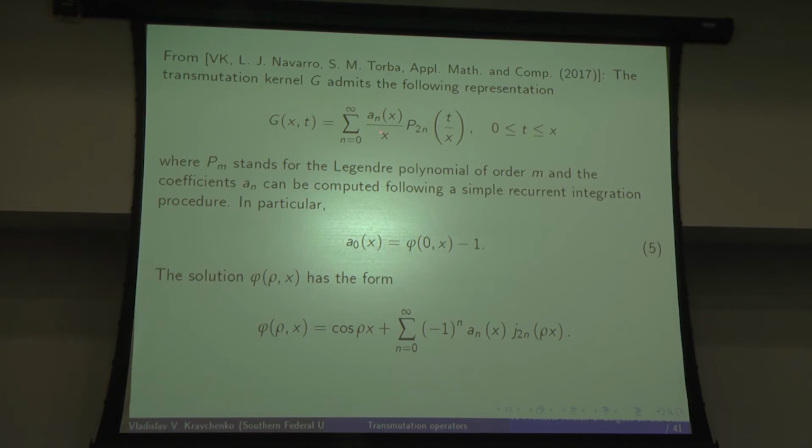What are the coefficients a_n? In fact, here, now it doesn't matter. The only thing which matters is what is the very first coefficient, a0, okay?